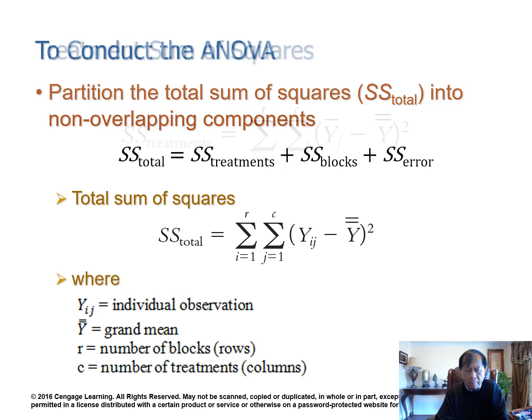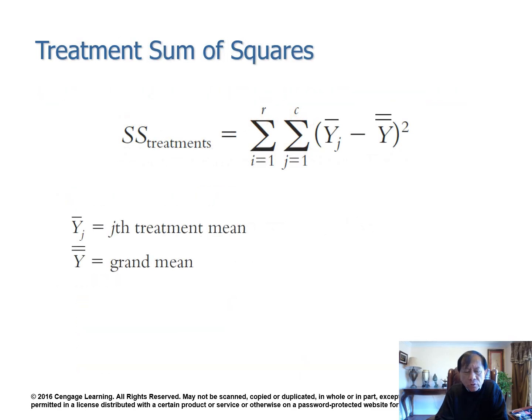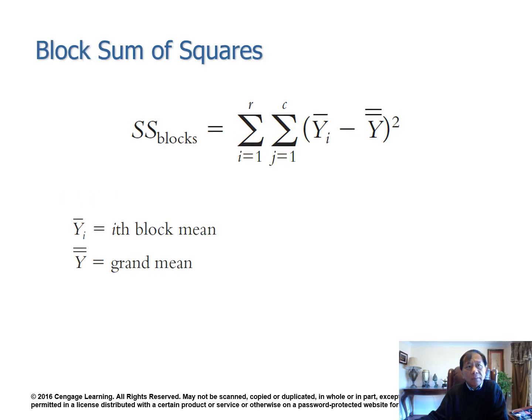The sum of squares treatment: Y j bar is the jth treatment mean, and Y double bar is the grand mean. Then the sum of squares from the blocking variable, the block sum of squares: Y i bar is the ith block mean, and Y double bar is the grand mean.